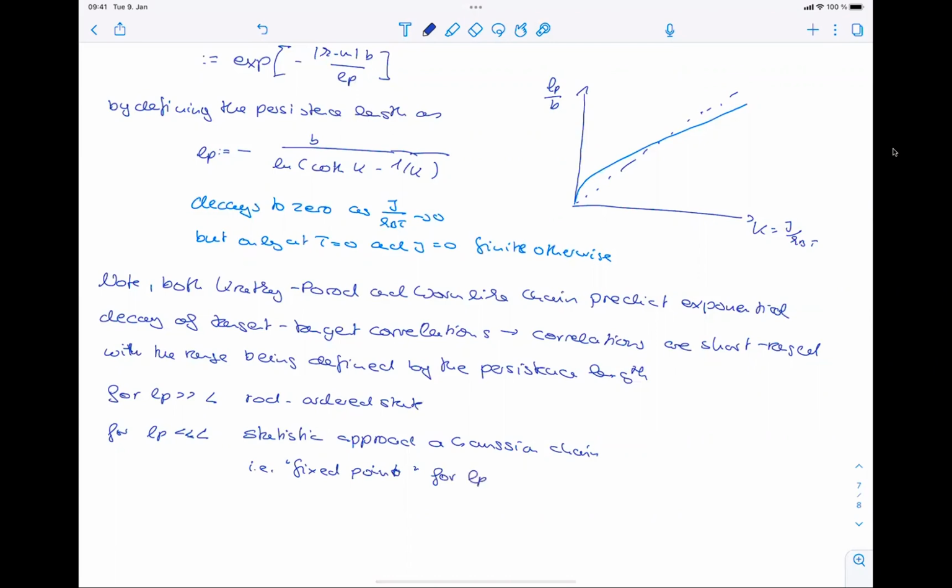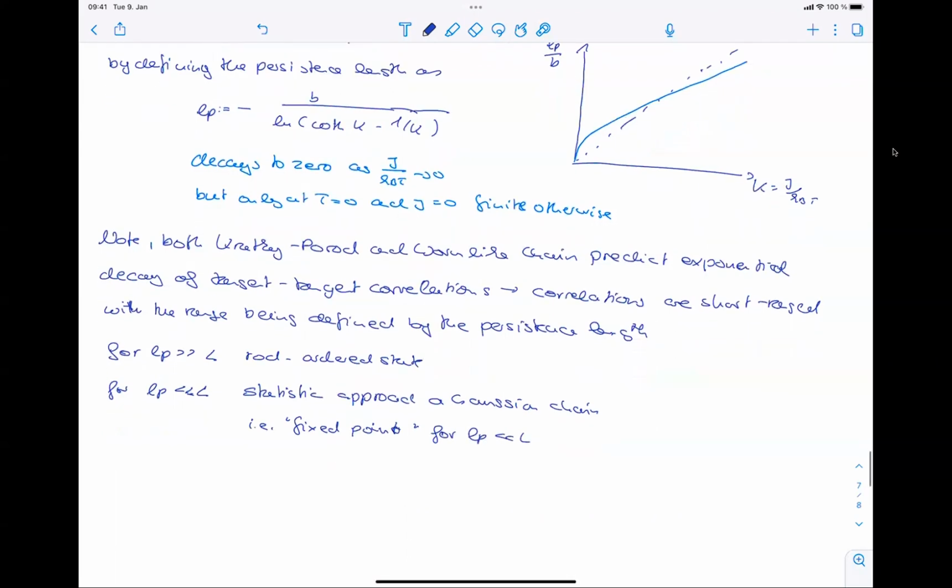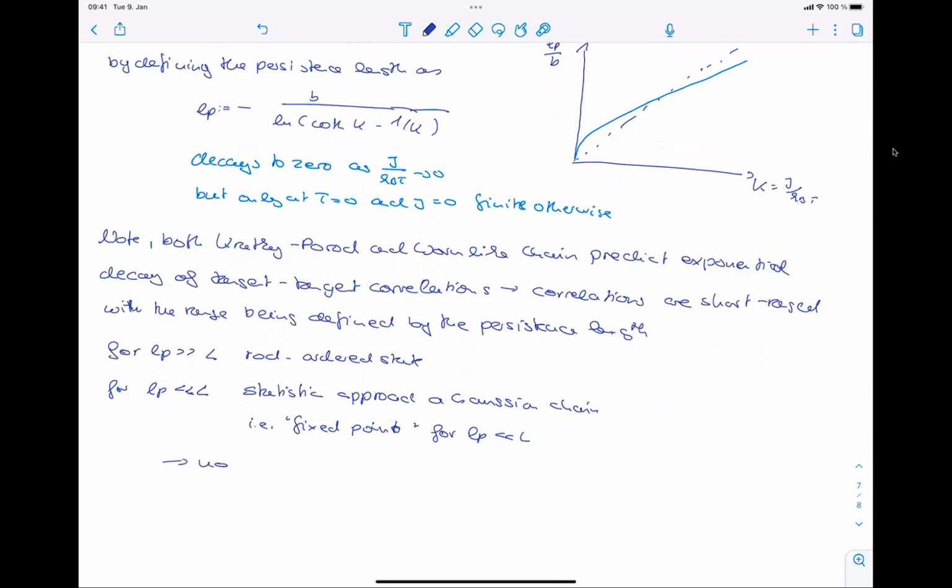If we take the limit L_P smaller than L, we don't expect any long-ranged order at any finite temperature.